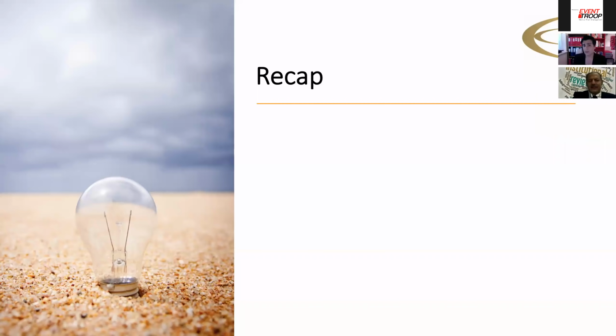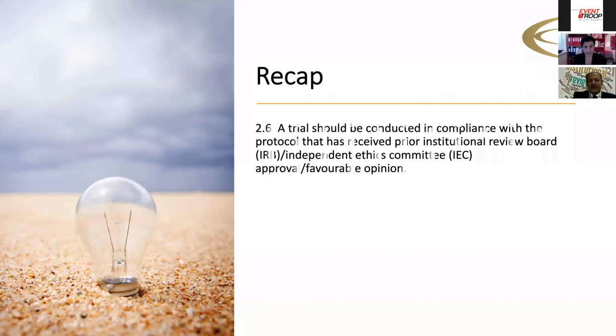One of them, section 2, bullet 2.6, stated that a trial should be conducted in compliance with a protocol that has received prior Institutional Review Board (IRB) or Independent Ethics Committee (IEC) approval or favorable opinion. So this is one of the principles of GCP. We cannot conduct any research without IRB approval.